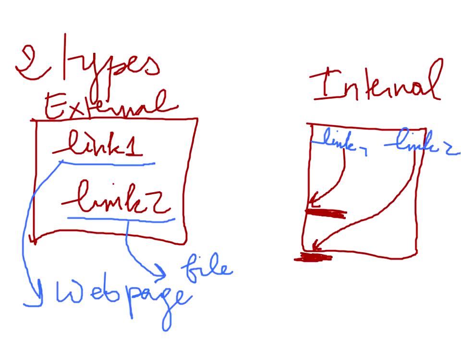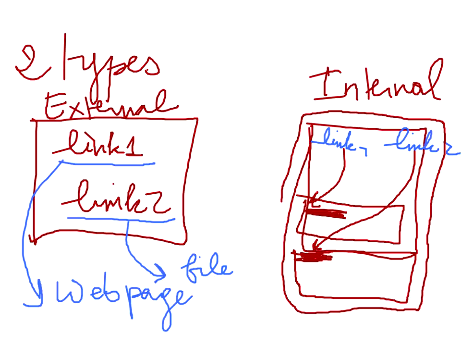That means when I click on link number 1, the browser displays the part of link number 1. When I click on link number 2, the browser displays the second part of link number 2 in the same web page, in the same document. Is the difference between external and internal links clear?